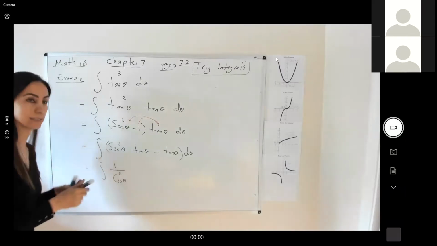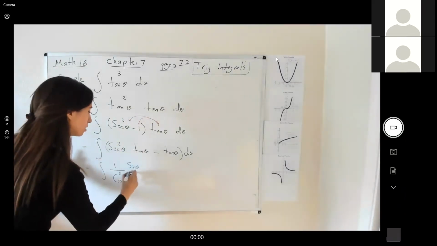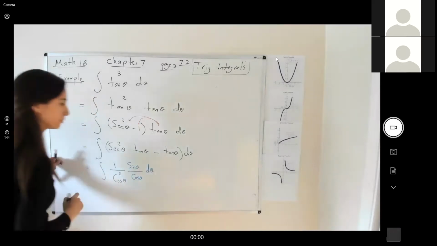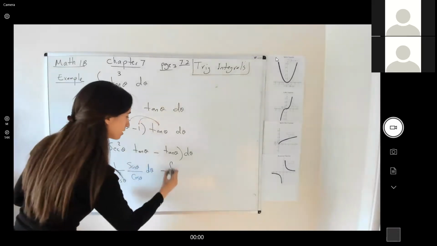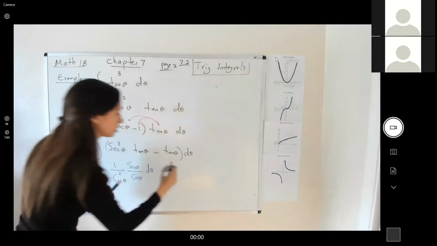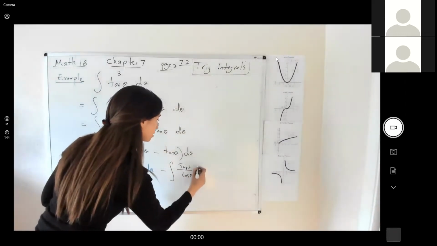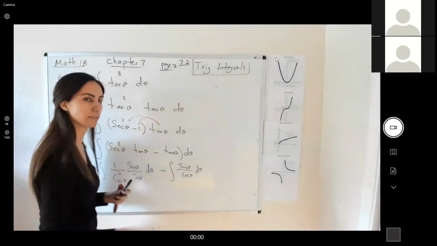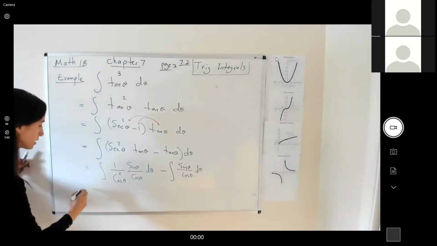Tangent theta at the same time can be written as sine theta divided by cosine theta d theta. Minus the integral of tangent, which is sine divided by cosine d theta. For both of these, eventually you can use u sub. So let's write this in simplified form.